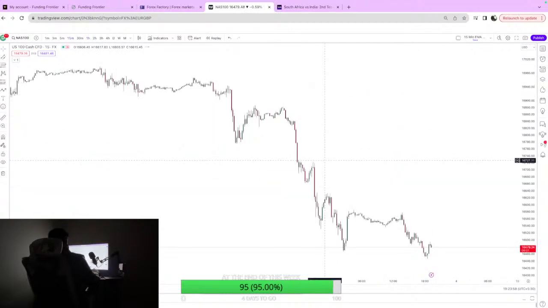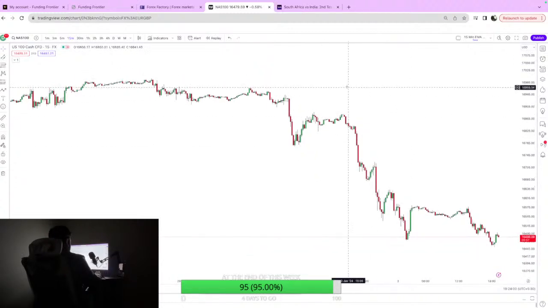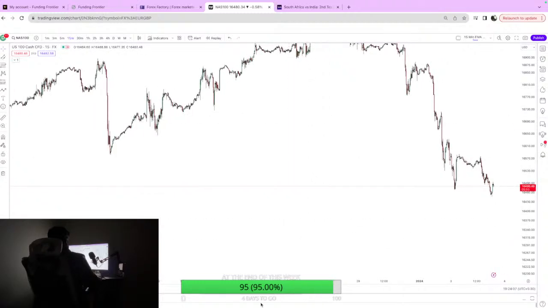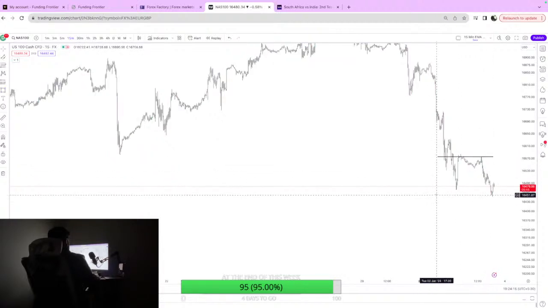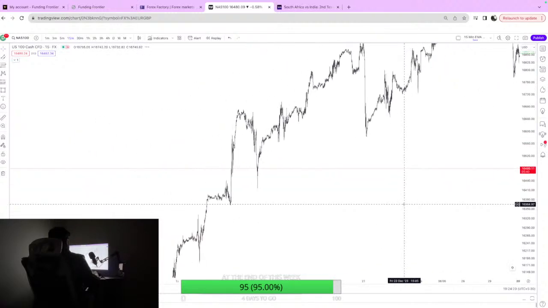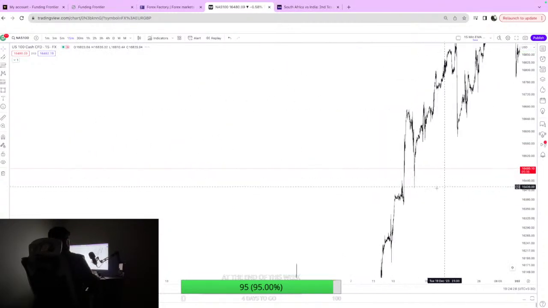Okay, now 15 minutes, the most important for us. Why? Because we make the major levels in this time frame. So what I'm seeing is one level as this one. You can see market respected this level a lot of times, and let's see from previous time, do we have any important level or not.